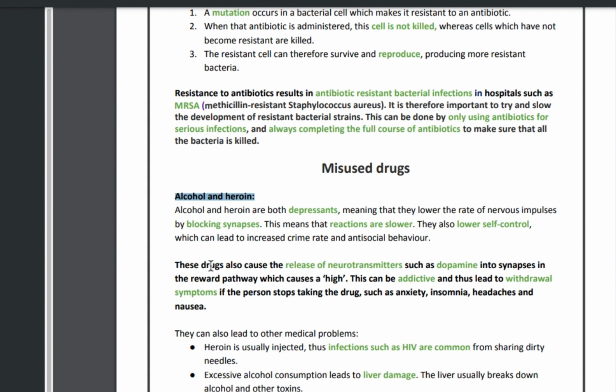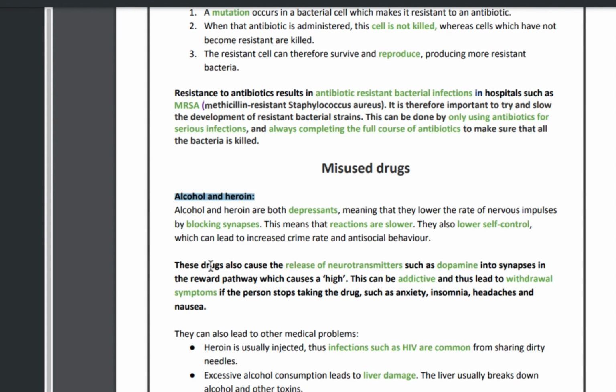Now, these drugs also cause the release of neurotransmitters, such as dopamine, into your synapses in the reward pathway, which causes a high. So these drugs cause the release of neurotransmitters when it's not necessary. A good example is the dopamine.